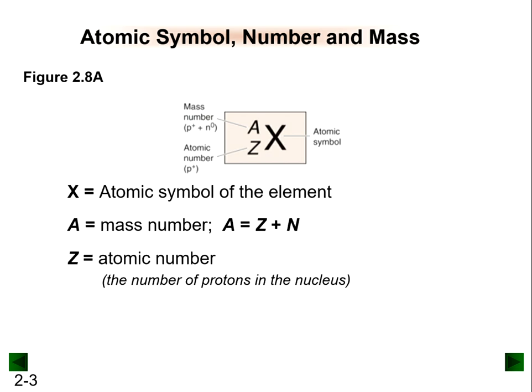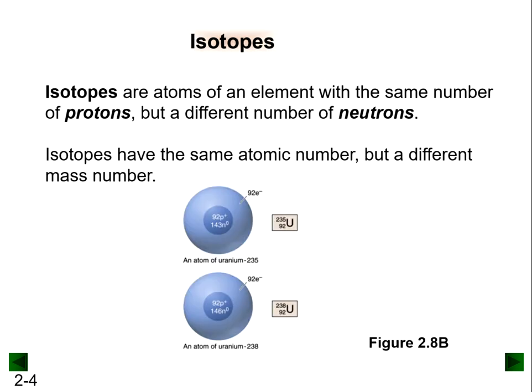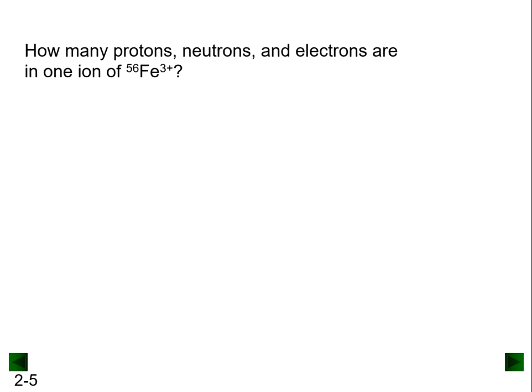Now, we went over atomic symbols. Hopefully you're very comfortable with these. And so once we have a symbol, we can hopefully deduce some things about the atom. We'll choose a particular isotope in this case. That is the iron 56 isotope, and we'll look at the iron 3 cation.